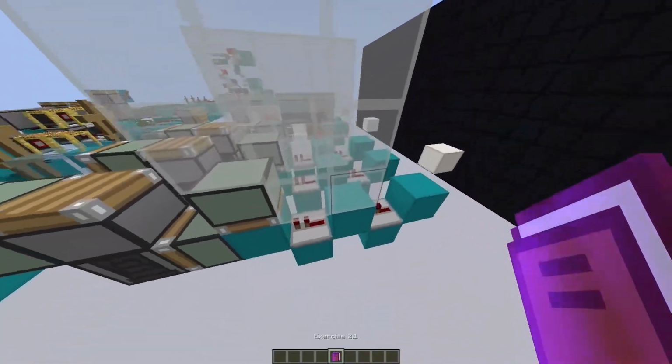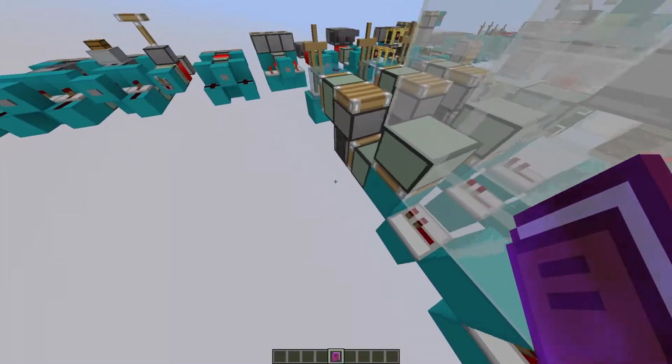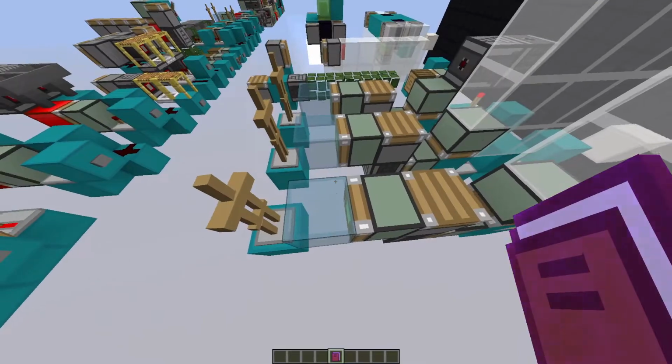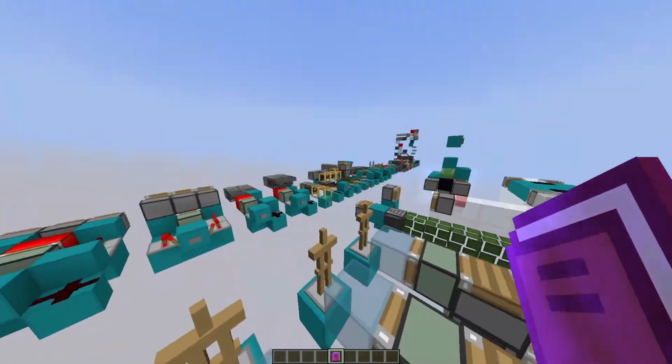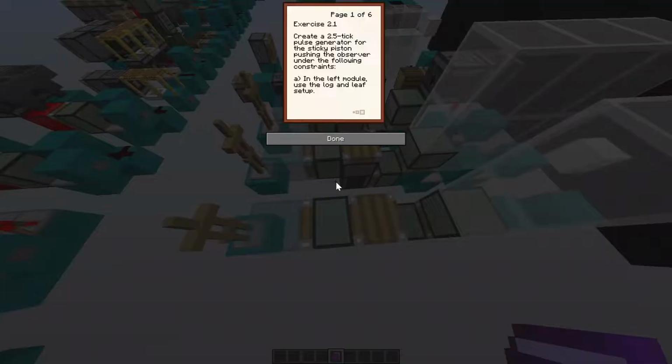So in the left model, you have to use the log and leaf setup, and in the middle model, you would use the scaffolding setup. And then from the results of A or B, or otherwise, you should identify the pulse duration received by the sticky piston pushing the cyan stained glass. So this is where you might think the armor stand test to be useful.